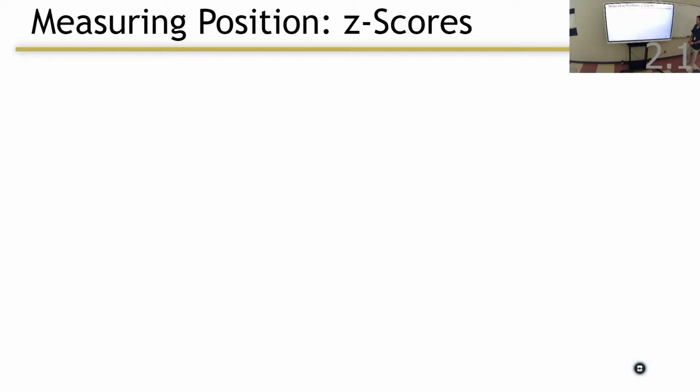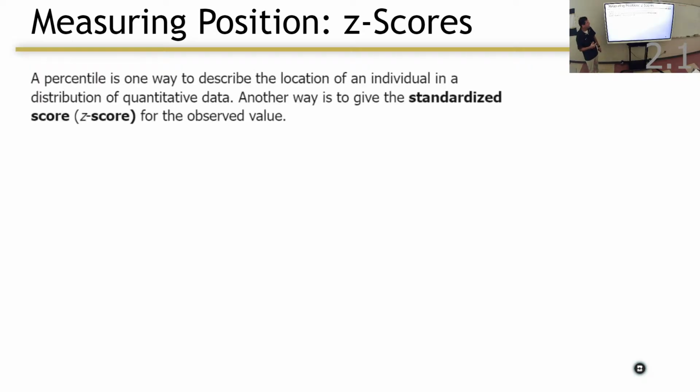All right, now let's talk about z-scores. I know I talk about a lot of things being important. If you don't get this, guys, we're not going to do well the rest of the semester. Z-scores are something you have got to understand. You may have heard it in some other class before, but we're going to talk about what a z-score is. A percentile is one way to describe the location of an individual.